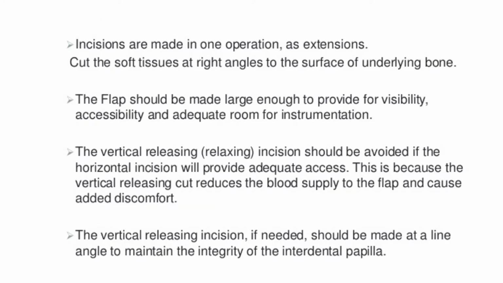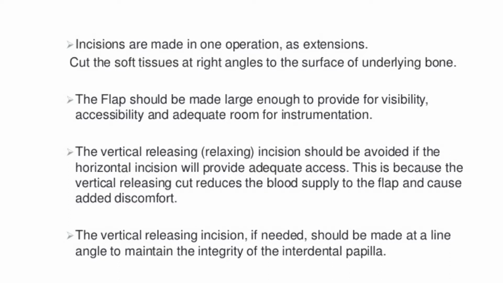To summarize basic principles of flap design and incision: incisions are made in one single stroke as extensions. Cut the soft tissues at right angles to the surface of underlying bone. Flap should be made large enough to provide for visibility, accessibility and adequate room for instrumentation.